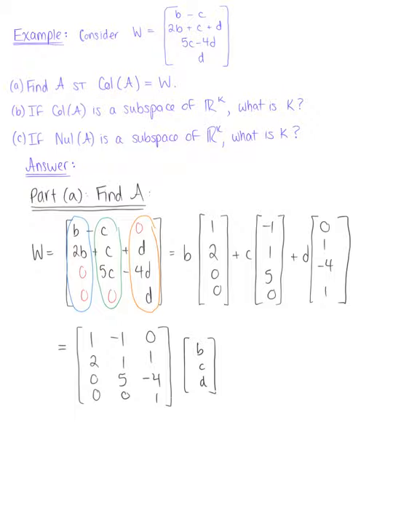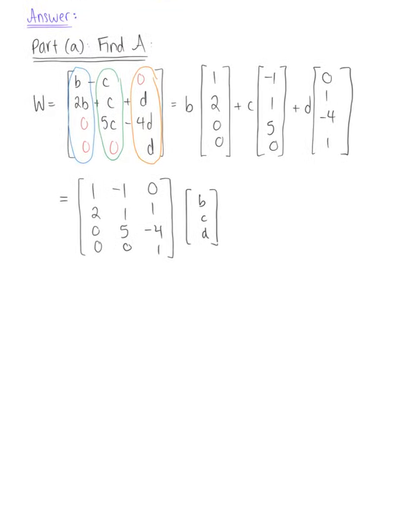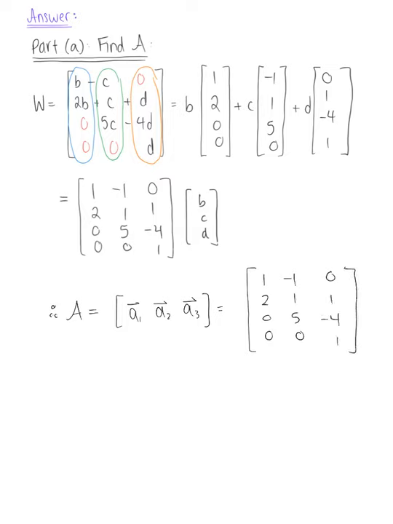And so we have rewritten this as a matrix equation. Therefore, matrix A, defined by column vectors a sub 1, a sub 2, a sub 3, is again that 4x3 matrix 1, 2, 0, 0, minus 1, 1, 5, 0, 0, 1, negative 4, 1. And this is our beautiful final answer to part A.